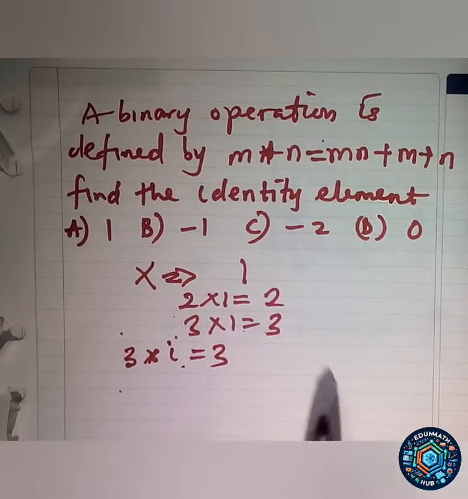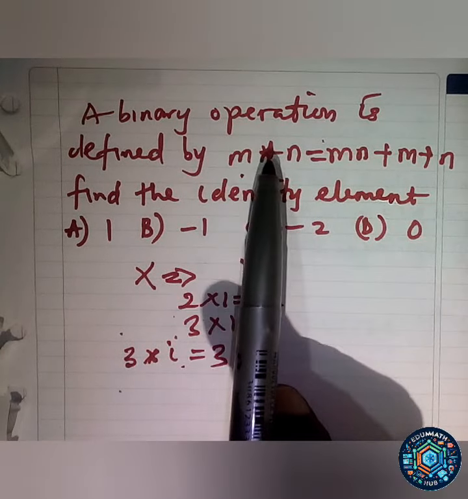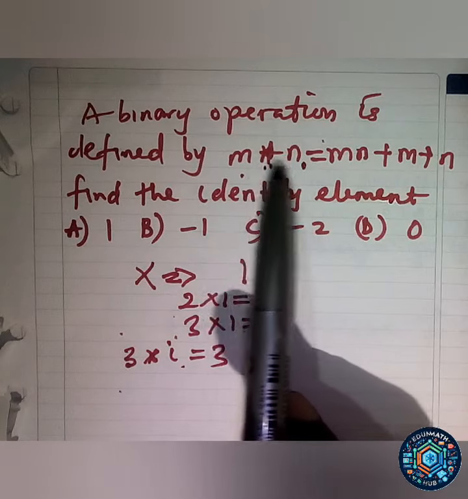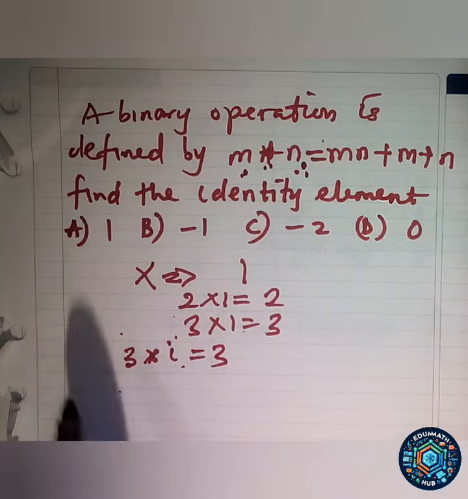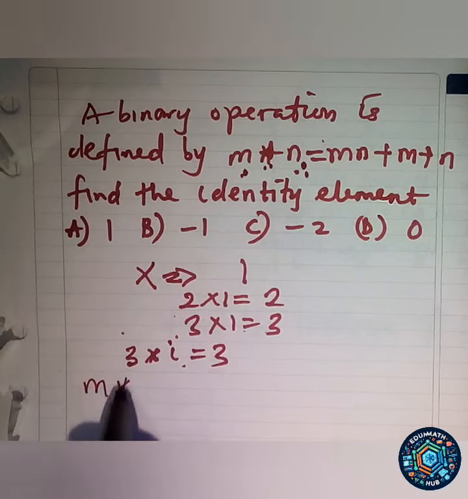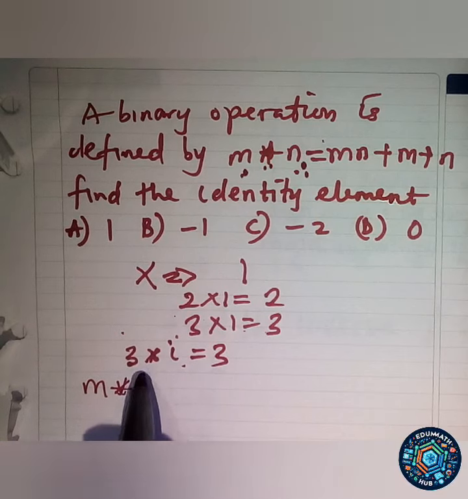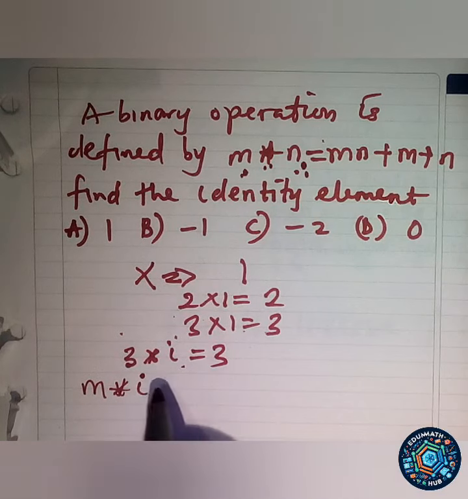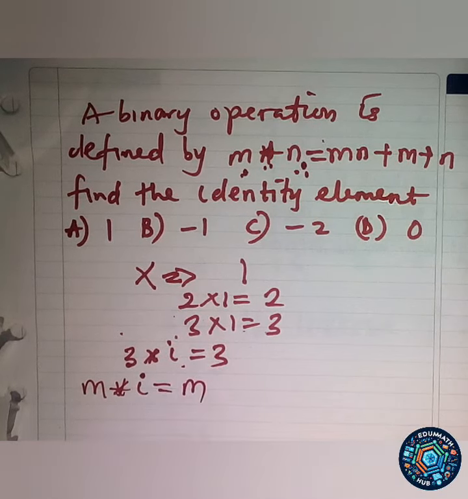So you're going to write m operator n, that is what we have on the left hand side. We need something like m operator I, the identity element, which will also give us m.